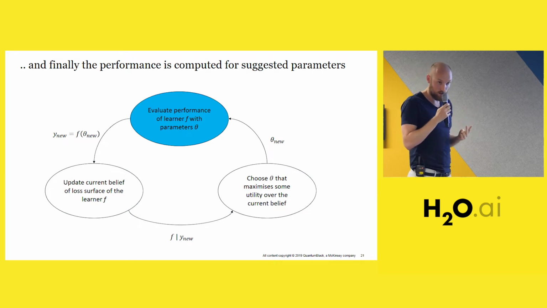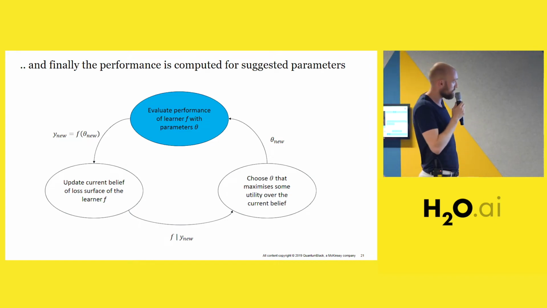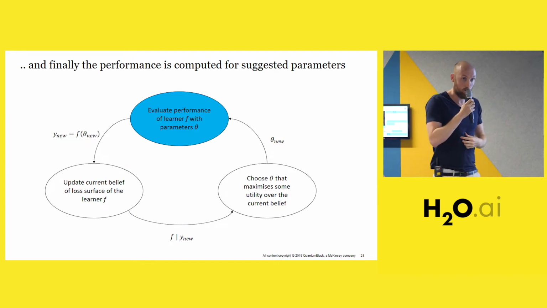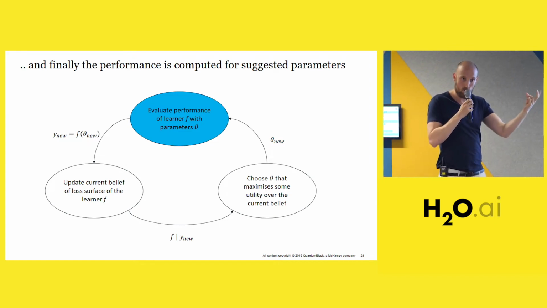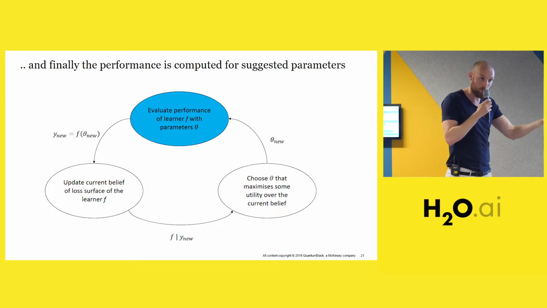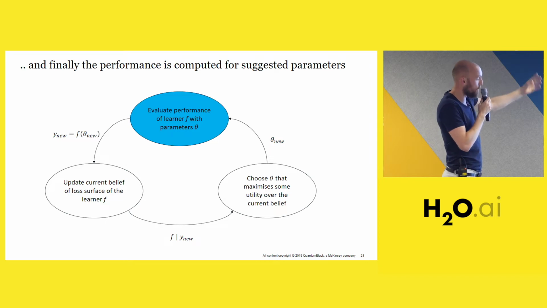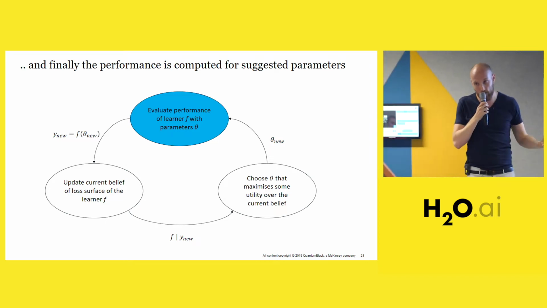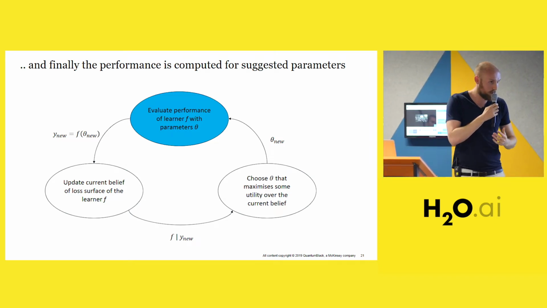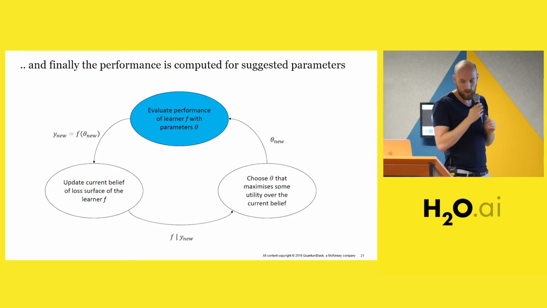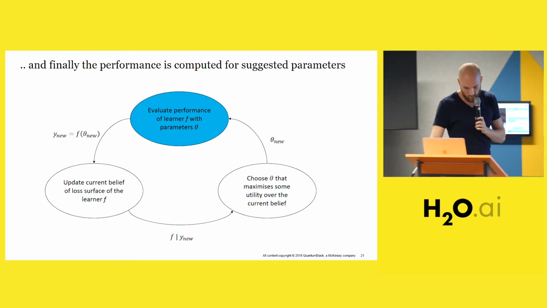We have a utility function that tells us this is a good region to look at, this is a bad region to look at, and we use that to propose a new configuration to actually compute the performance metric for, which is what happens at the end. We then use that to update our current belief, and this is where the Bayesian component comes into play, and then the procedure repeats itself.